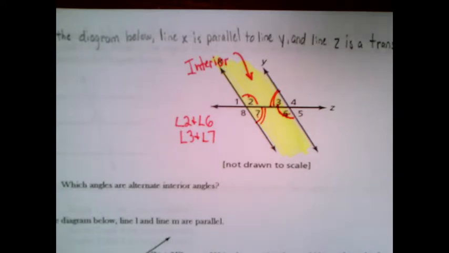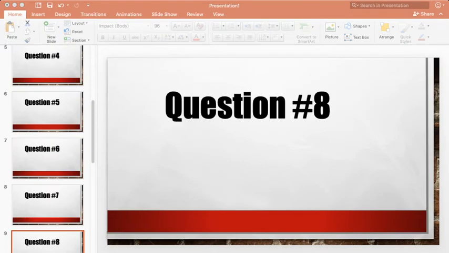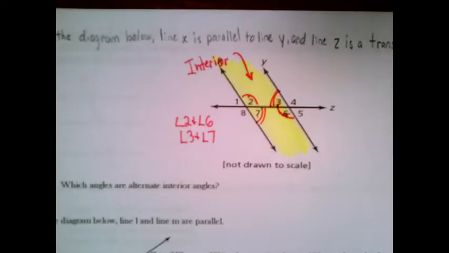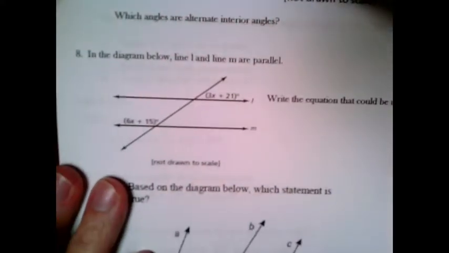All right, number 8. So we're now on question number 8. That's another big concept we covered earlier. So here we go. Okay, so question 8 wants to know, we've got to solve for x.